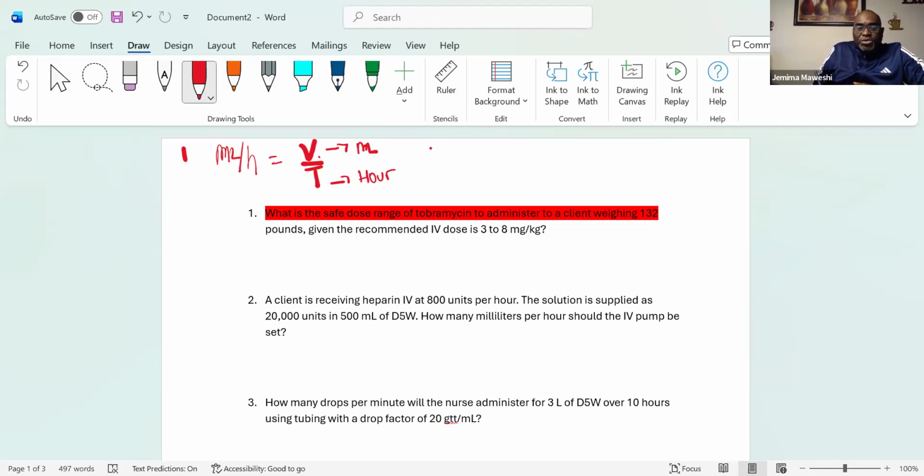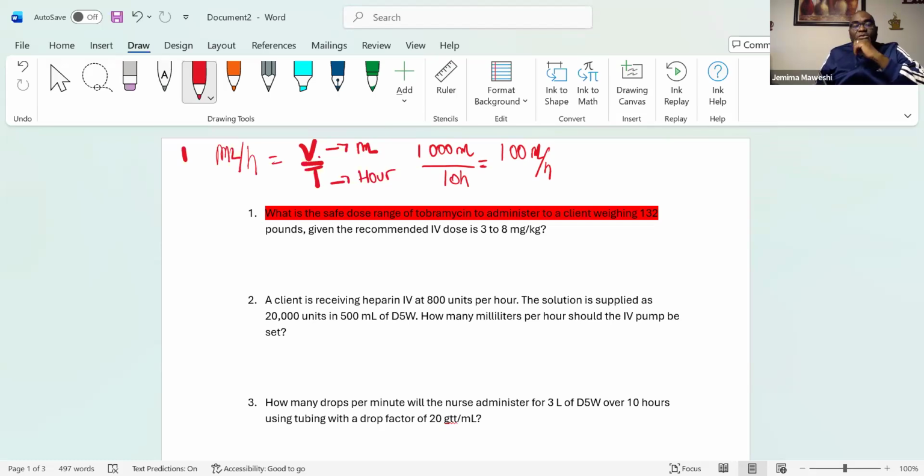Example: infuse 1,000 milliliter over 10 hours. It's a matter of division, so once you divide this, you have 100 milliliter per hour.